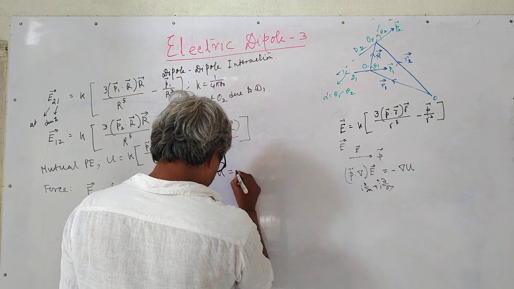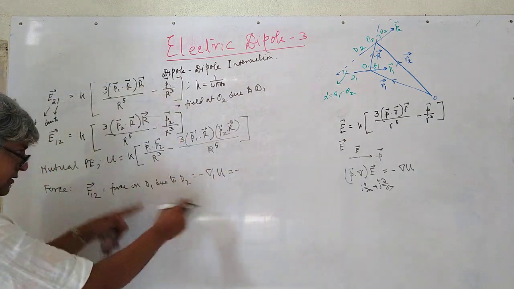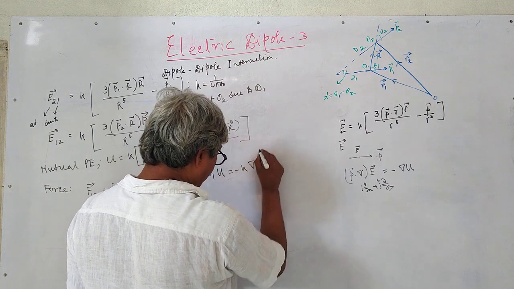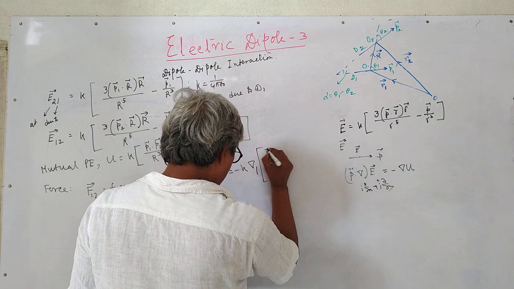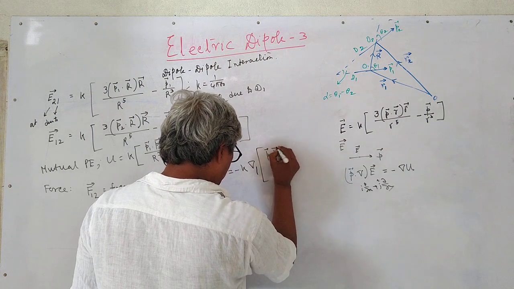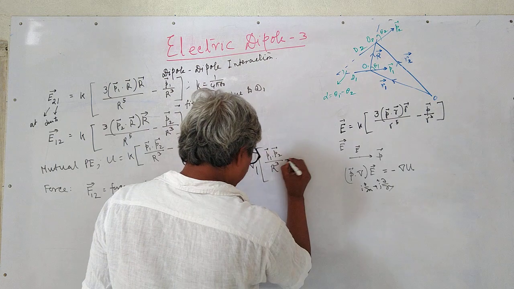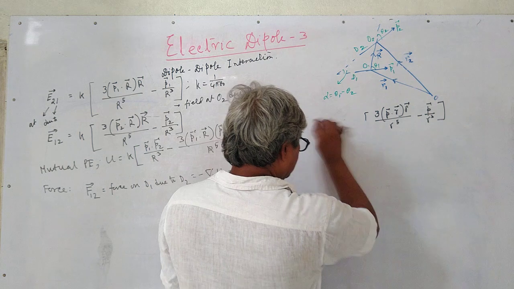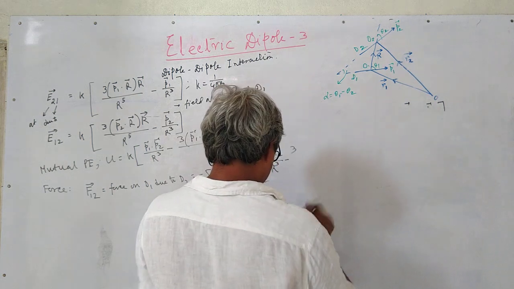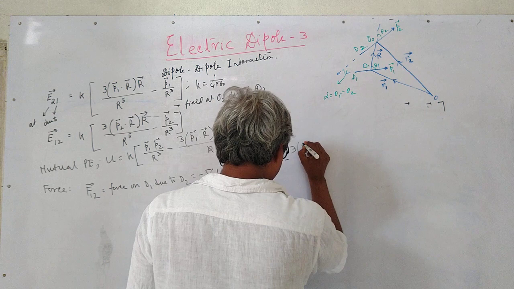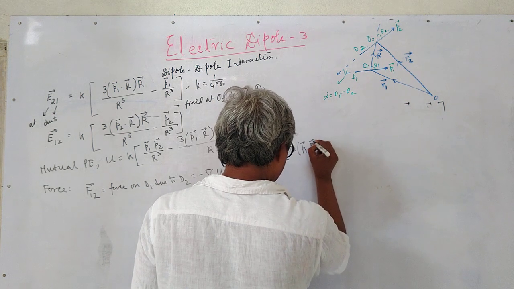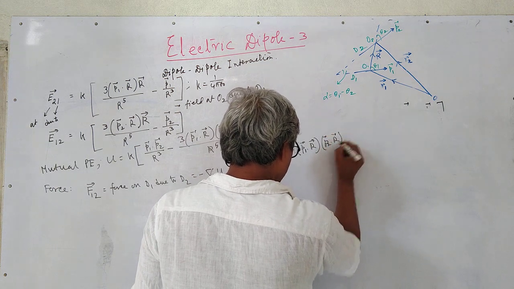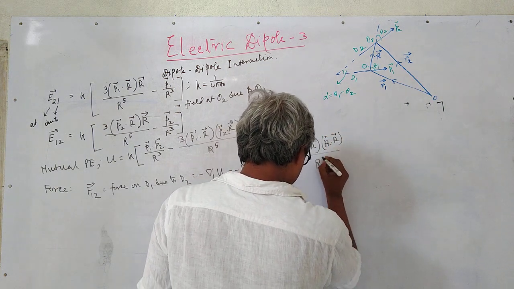Now we write it as, using this expression, minus k comes out, and this is nabla 1 of P1 dot P2 by R cube minus 3 P1 dot R, P2 dot R by R to the power 5.